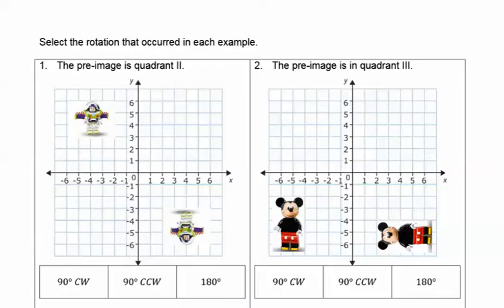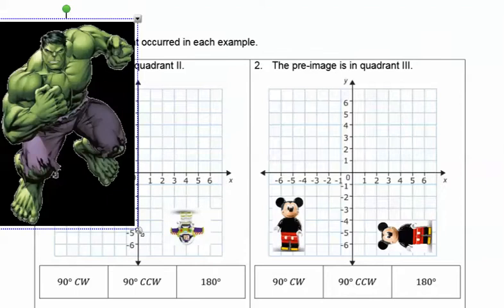All right. Next, we need to be able to rotate pictures on a coordinate plane. So really quick, let's say that we are rotating this guy. 360 would be all the way around, okay? If we only go 90, so actually let me get Hulk back up here real quick.